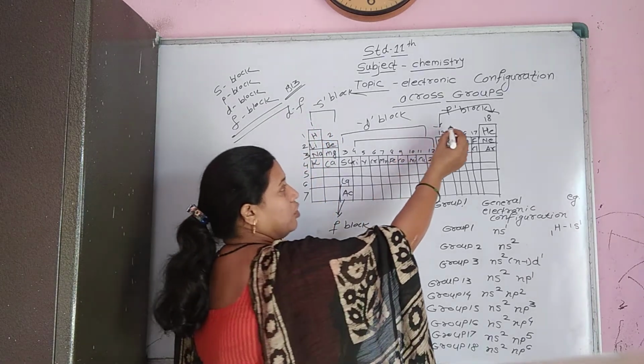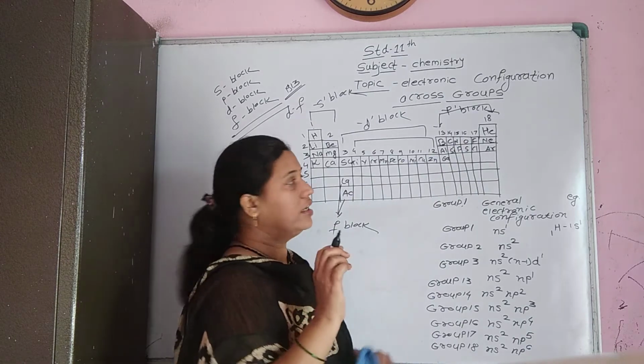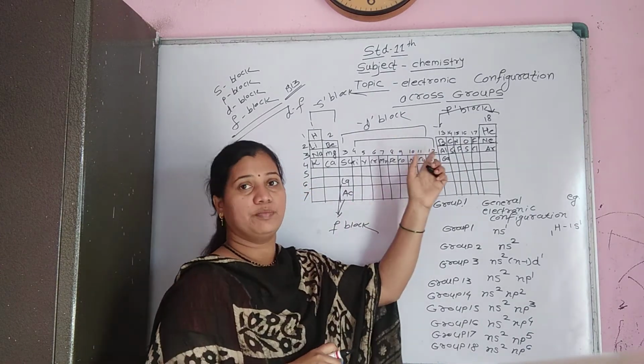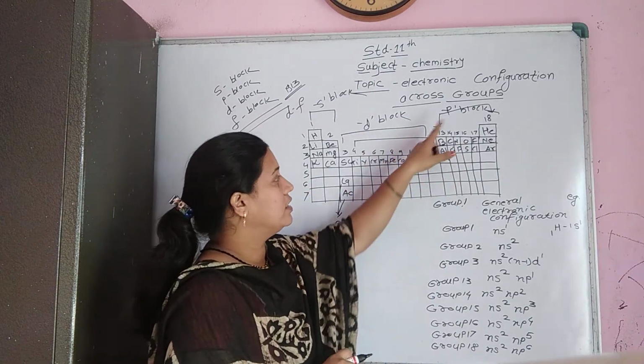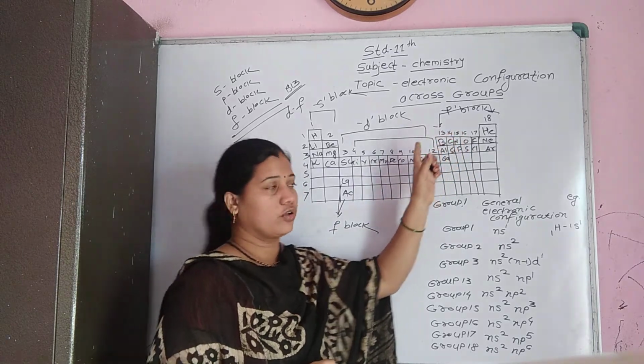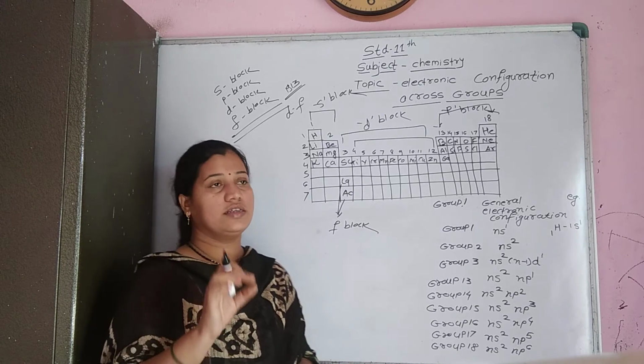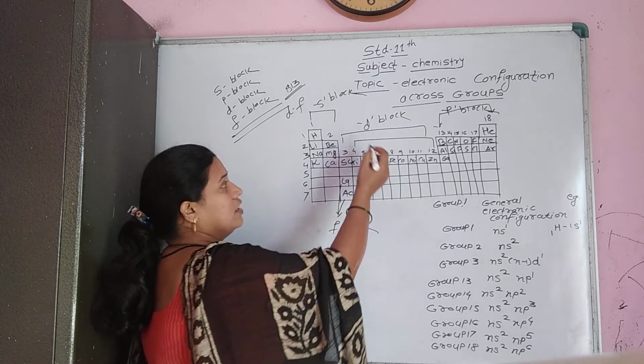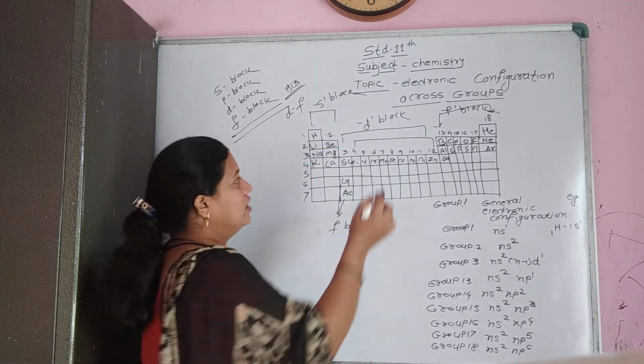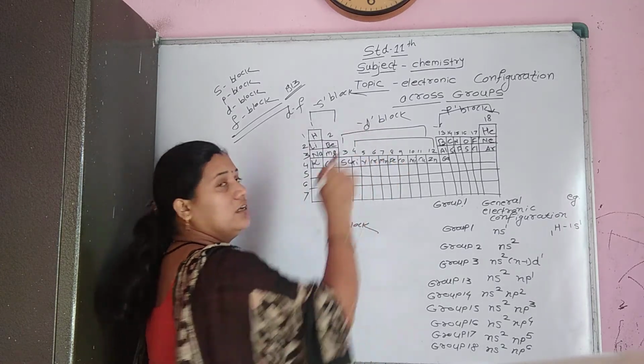In case of the p block, when the last or outermost electron enters the p subshell, the elements come under the p block. In case of the d block, when the last electron of the valence shell enters the d subshell, the elements are classified into the d block.